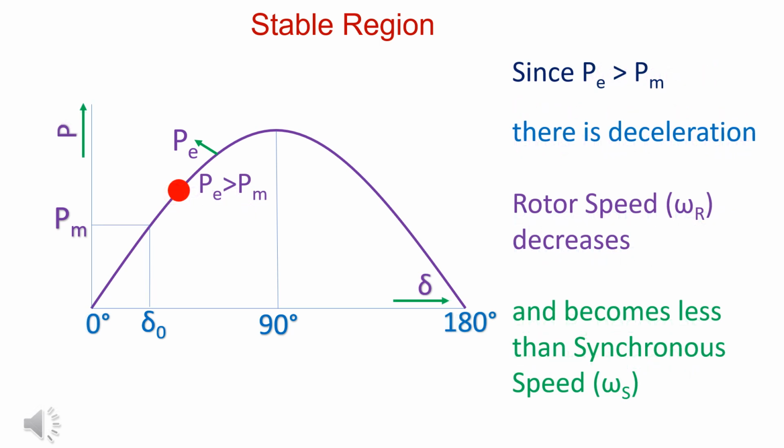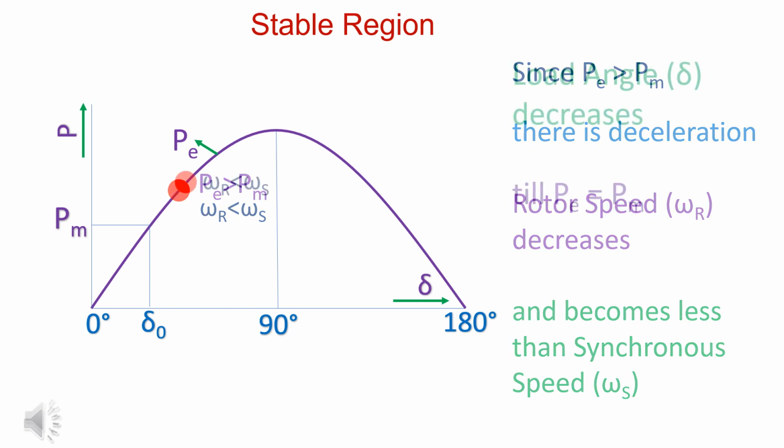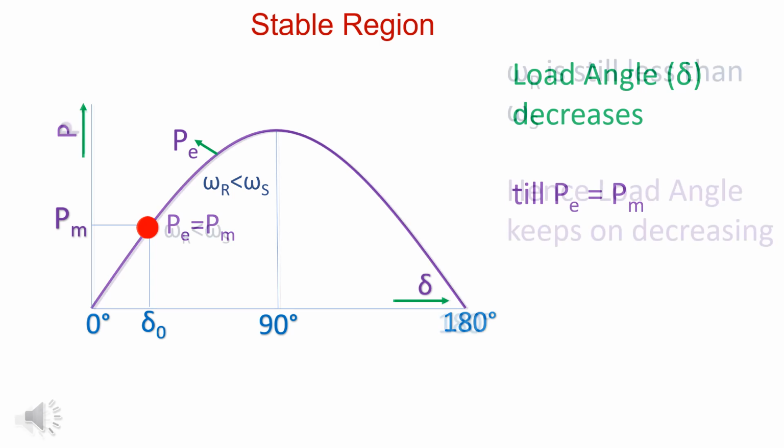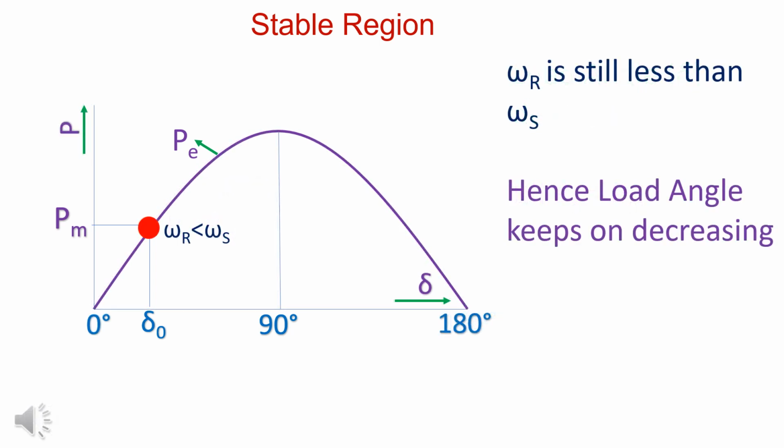There is a deceleration and omega r becomes less than omega s. Load angle delta decreases and Pe becomes equal to Pm. But omega r is still less than omega s. Thus load angle keeps on decreasing.